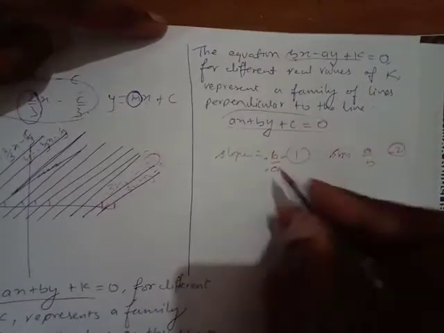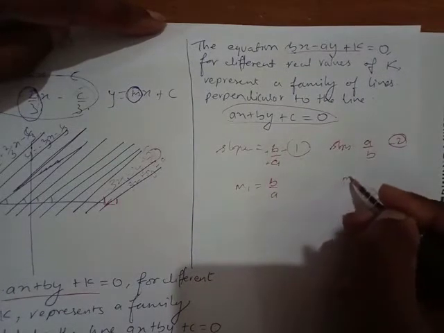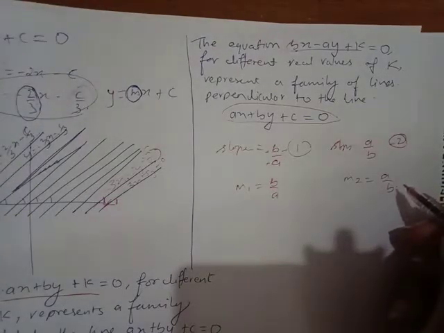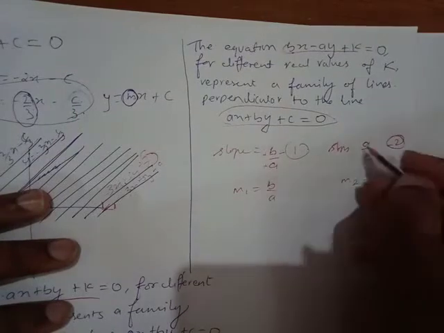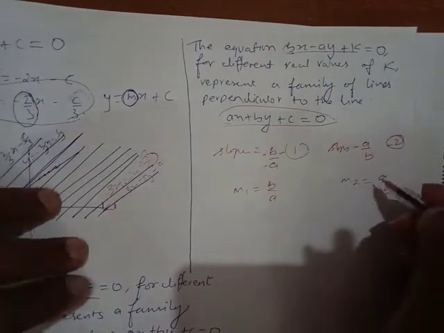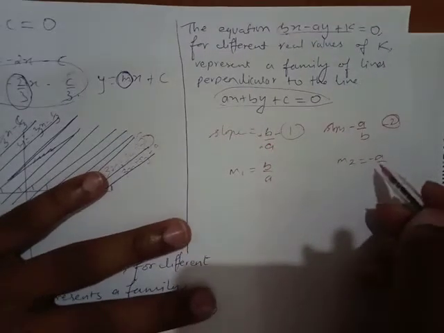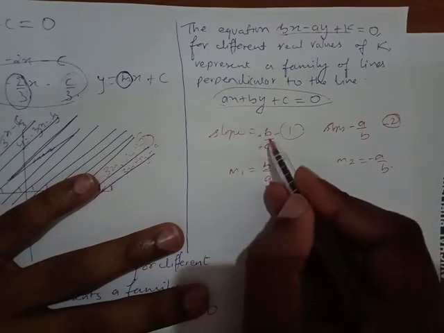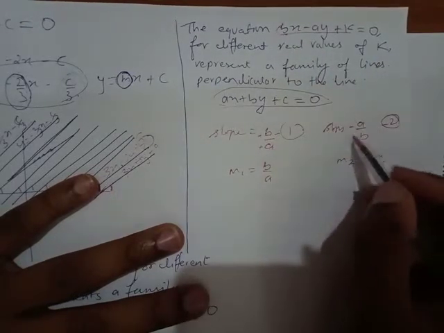तो आपको इन दोनों से क्या पता लगता है कि m1 इज इक्वल्स टू b upon a and m2 is equal to minus a upon b, isn't it? Okay, so this is the slope of the first equation, and this is the slope of the second equation.